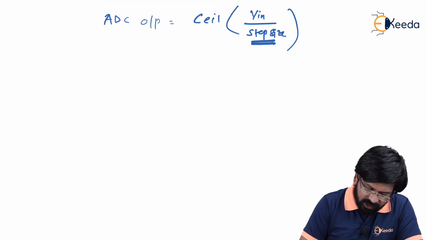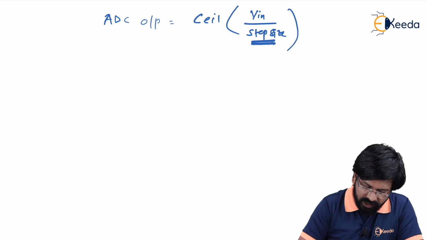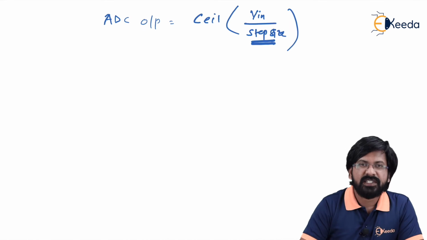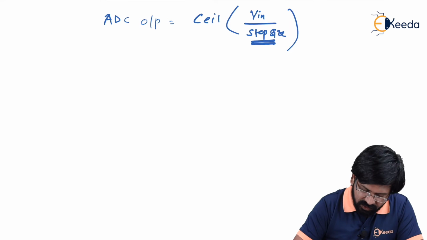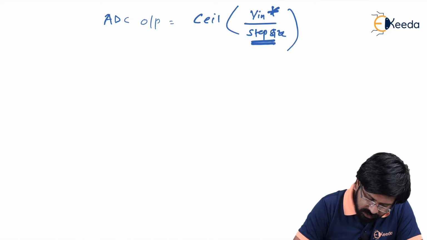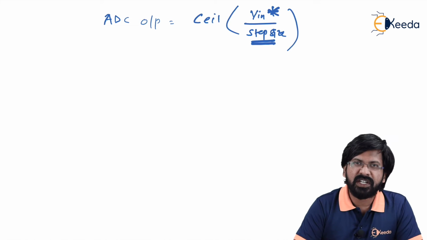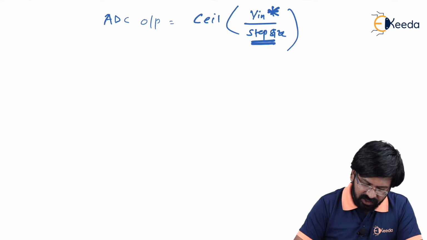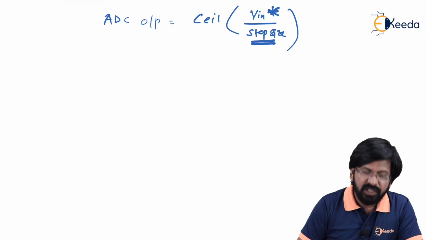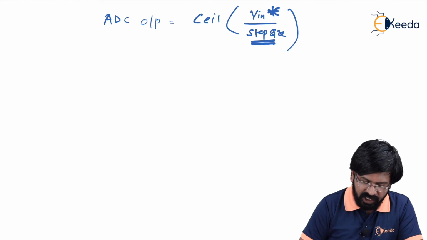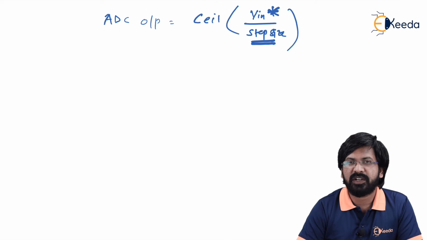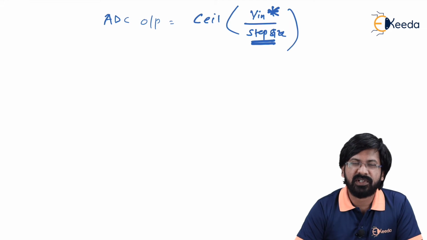So by using this formula, one can get the ADC output, provided you know that for an ADC the input is a voltage. That voltage input you substitute here, divided by the step size of the DAC which is inside the ADC. If you take the ratio, you take the Ceil function of it and you get the ADC output. So you may wonder, sir, what is meant by the Ceil function?